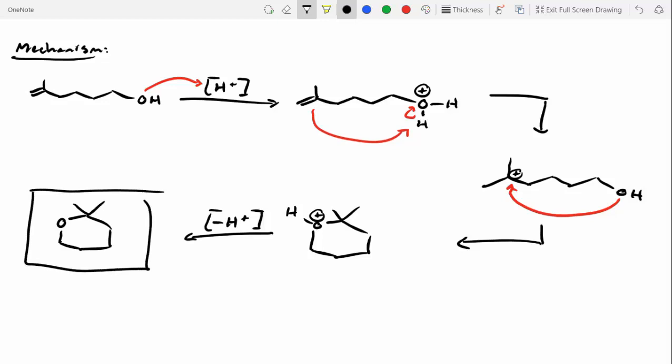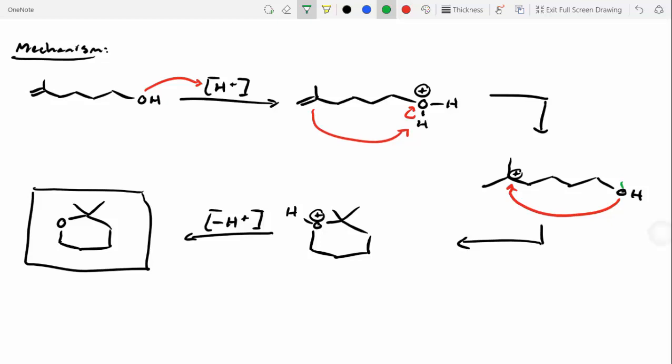So a lot of these mechanisms won't necessarily look exactly like the practice mechanisms we cover, but just work through them step by step and try to break them down into their elementary parts. Another thing too, one big piece of advice I always got from my advisor was number your carbons and the members of your ring in order to keep track of things.